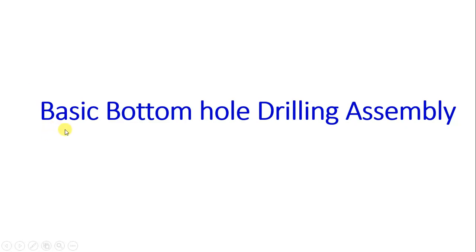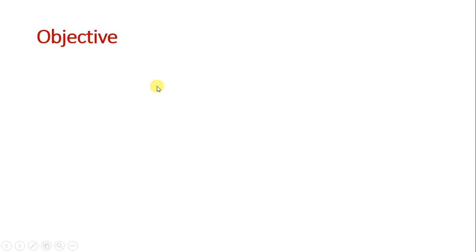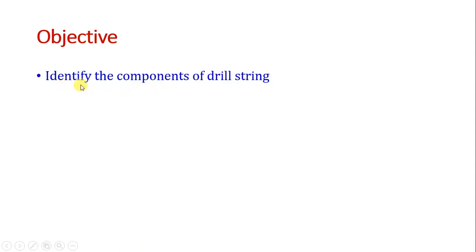Number one, we will start today, inshallah, with some basics about the bottom hole drilling assembly, or what's known as the BHA. BHA means bottom hole assembly. The objective of this course: we will identify the components of the drill string, for example the drill collar, the drill pipe, the heavyweight drill pipe, everything, okay?